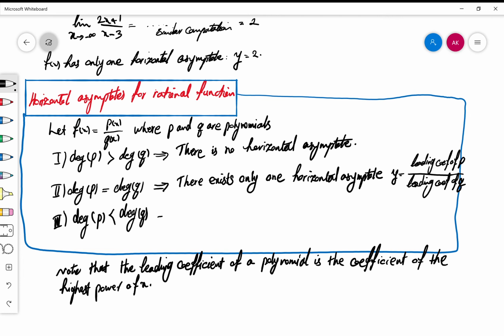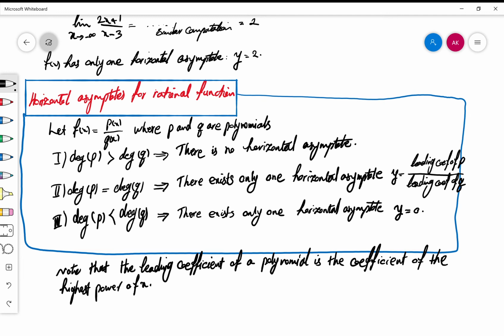And if the degree of the numerator is less than the degree of the denominator, then there exists only one horizontal asymptote, which is y equals 0.